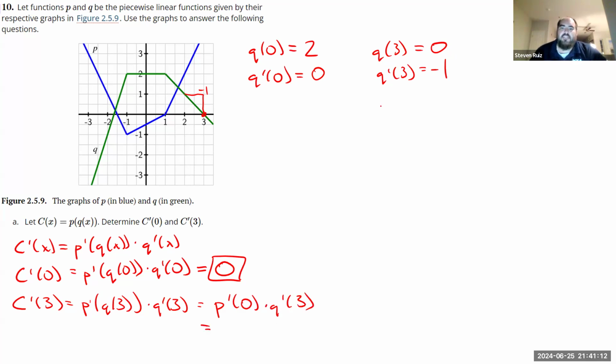So I need to find out what p prime of 0 is. Which function is p? The blue. So p prime of 0 will be this slope here, which looks to be positive 1/2. So this will be 1/2 times q prime of 3, which is -1. So the final result here is -1/2.